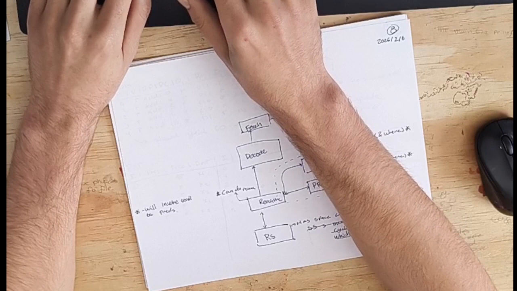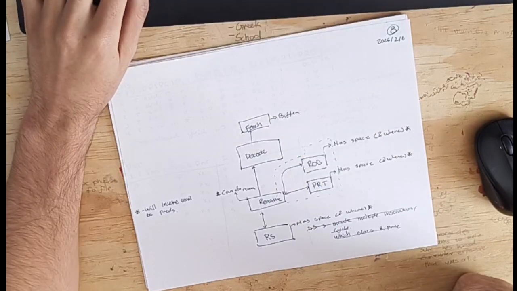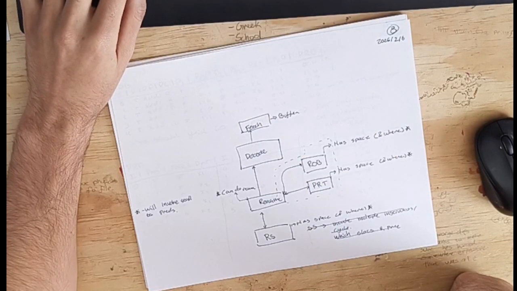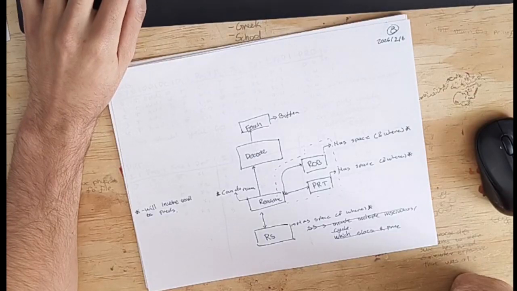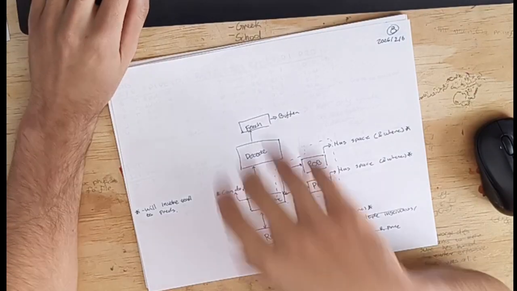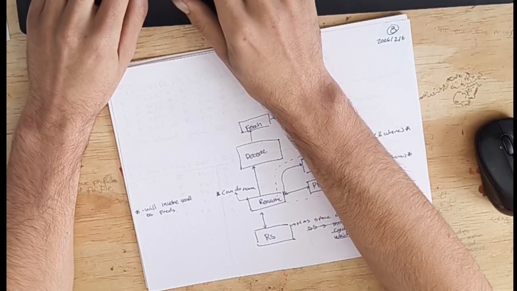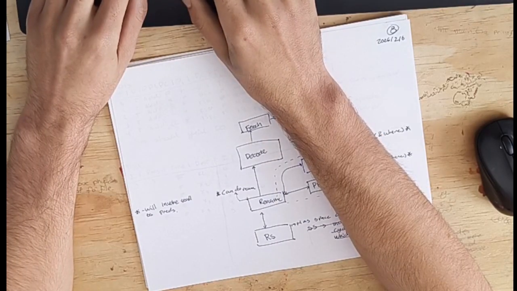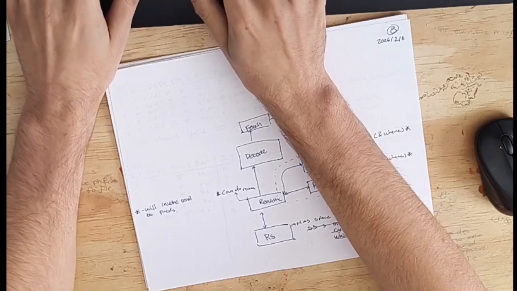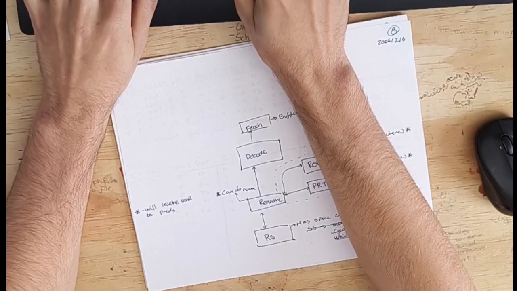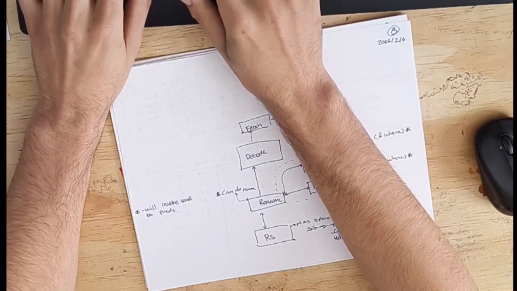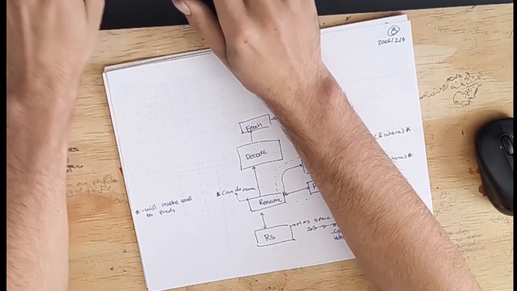Okay. RS has space is a global. So if not RS has space, then we're just going to return. Okay.